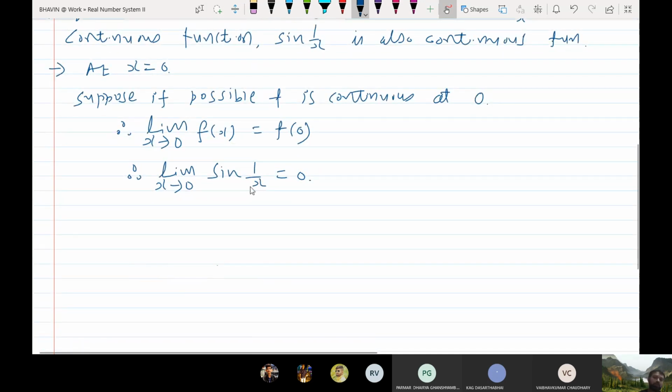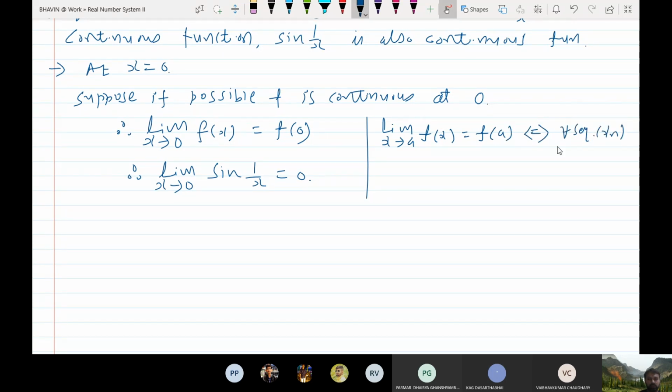But we will show that limit of sin(1/x) as x tends to 0 does not exist. So this is the way. So we know this result, we will use this result: limit x tends to a, f(x) equal to f(a) if and only if for every sequence xn with xn not equal to a, xn tends to a implies f of xn tends to f of a. Okay. So now I will take two sequences which converge to point a.